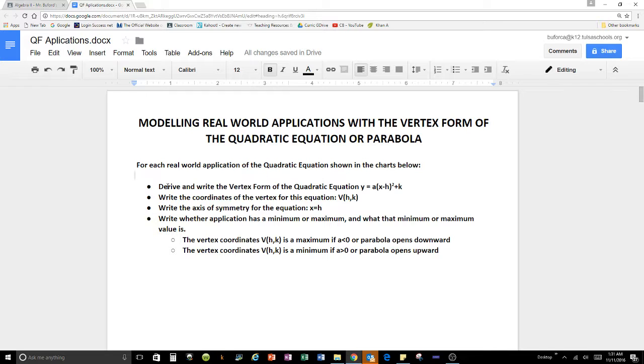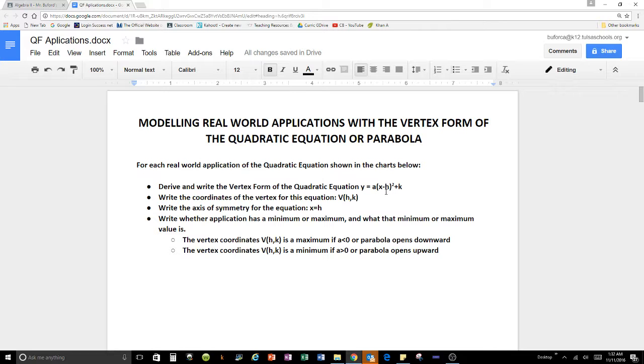So here's the form. What we're trying to do is, for each real-world application of the quadratic equation shown in the charts below, derive and write the vertex form of the quadratic equation y equals a times (x minus h) squared plus k.